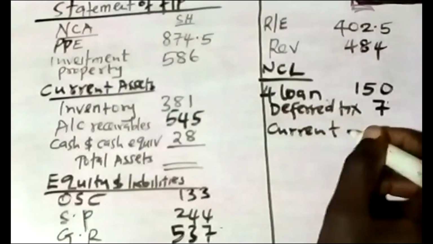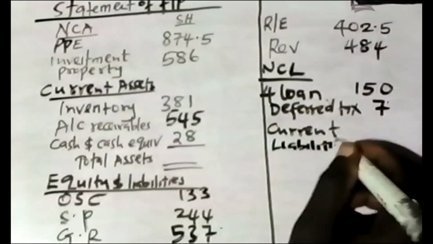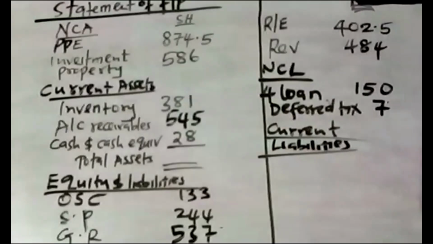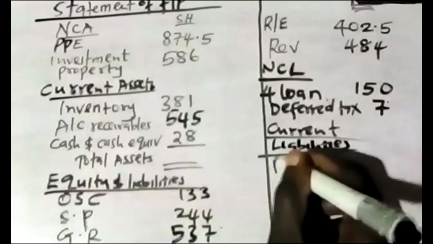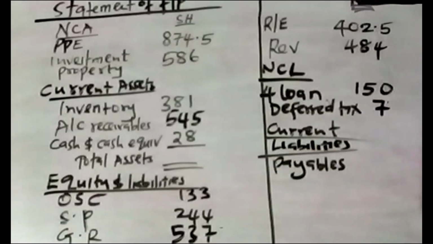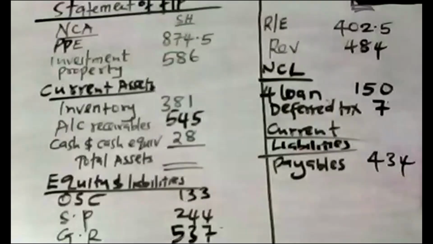So then we have current liabilities. The payables, which is given, is 434.